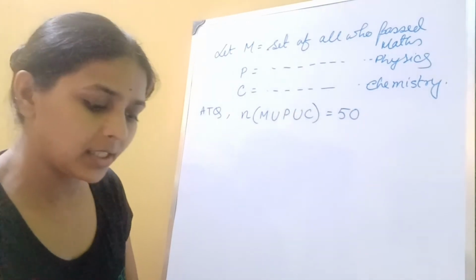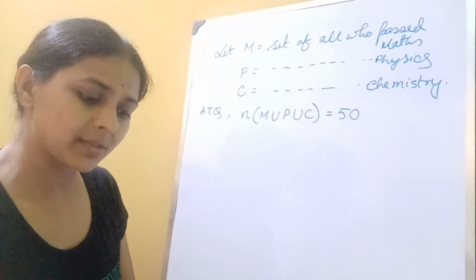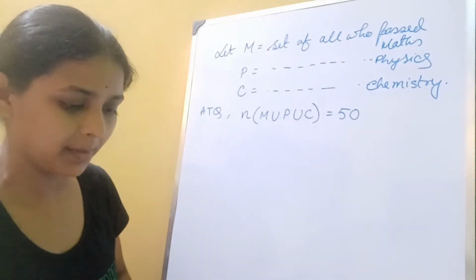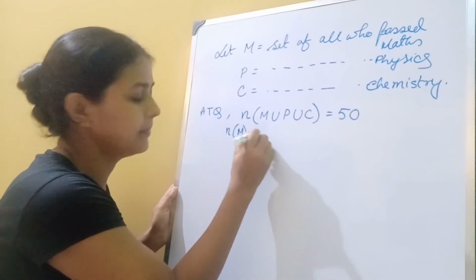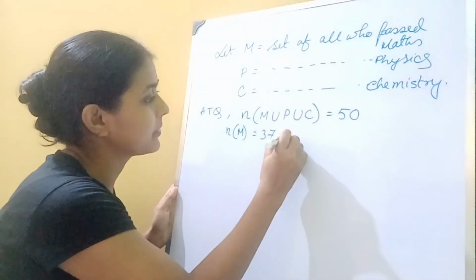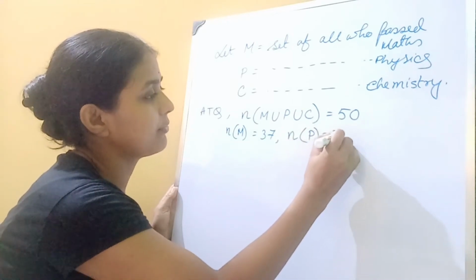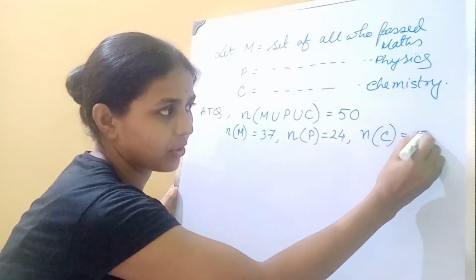Now in the question it is given that 37 passed mathematics, 24 passed physics and 43 passed chemistry. That means we can say n of M equals 37, n of P equals 24 and n of C equals 43.